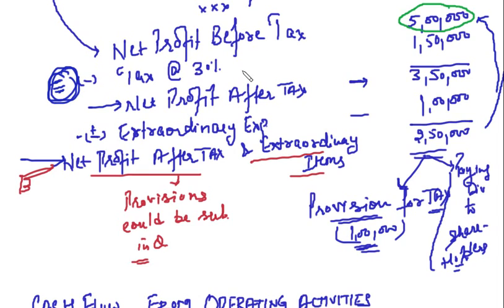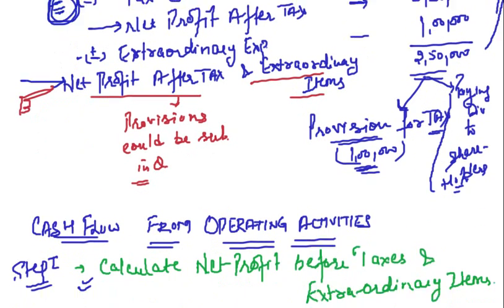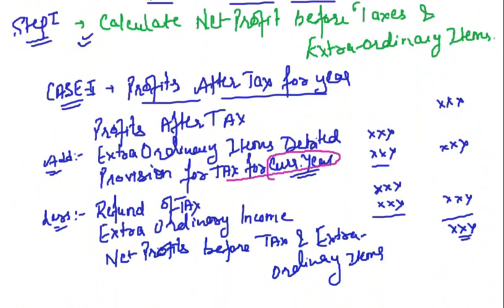What we do is we are just creating the provision for tax. So that provision of tax we will add back. Clear? So this is case 1 where profits after tax for the year are given.